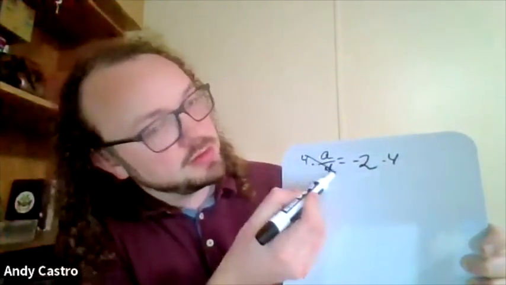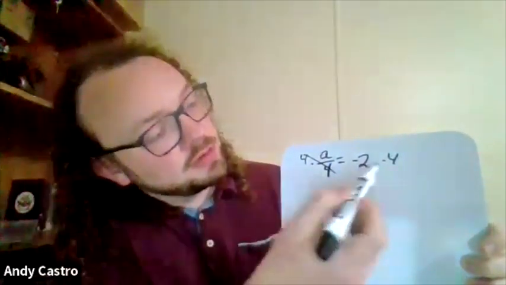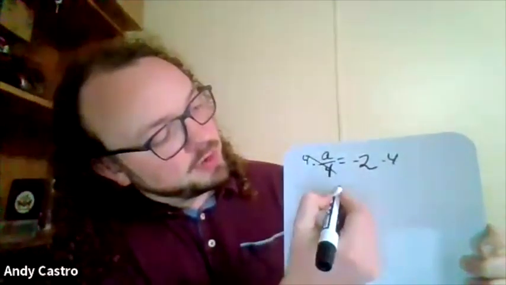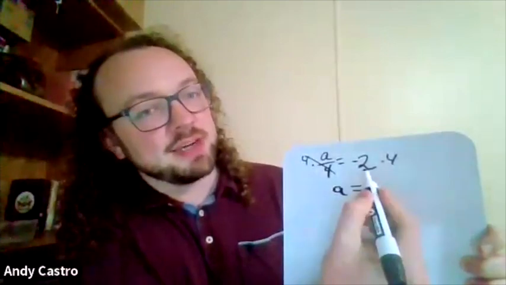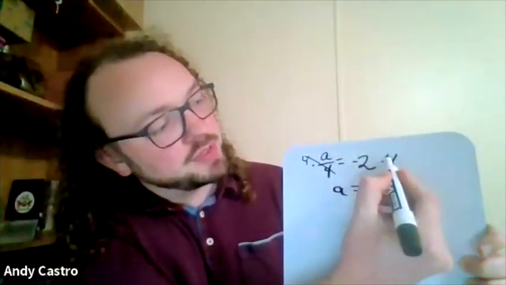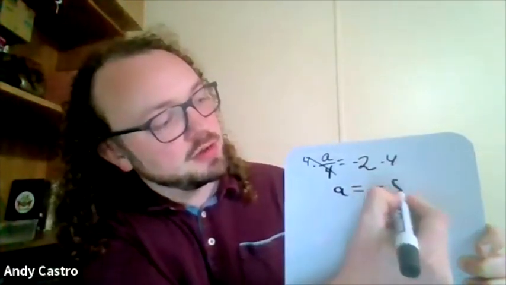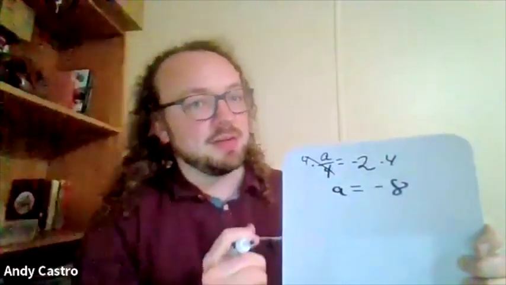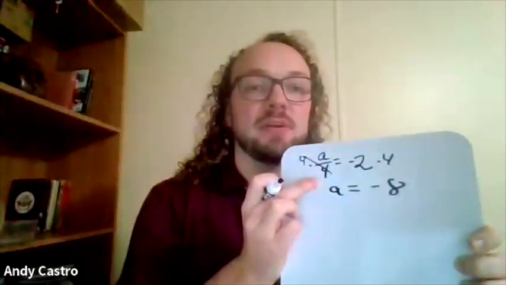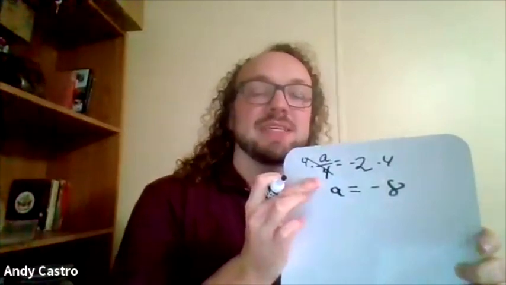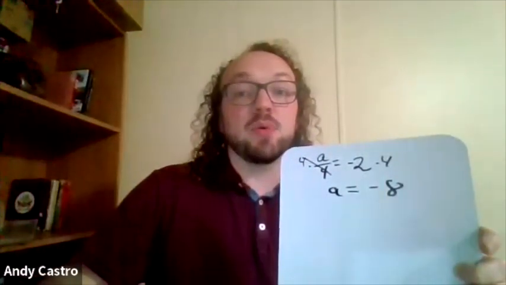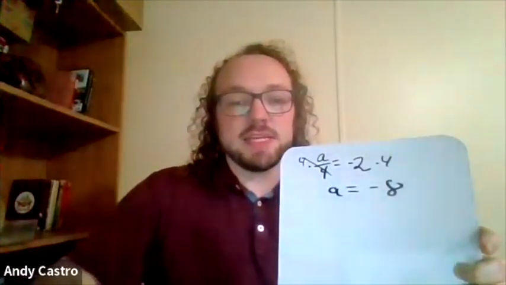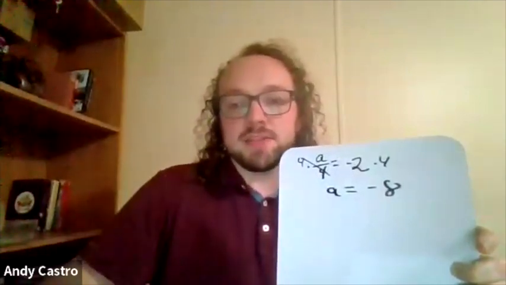And then these cancel out. And I'm going to write my next line, a equals, and then I'm just going to simplify this, -2 times 4, which is -8. All right, so when we have a number in the denominator, in order to get rid of that number, to cancel it out, we multiply it, but we have to multiply by it on both sides in order to keep our equation balanced.